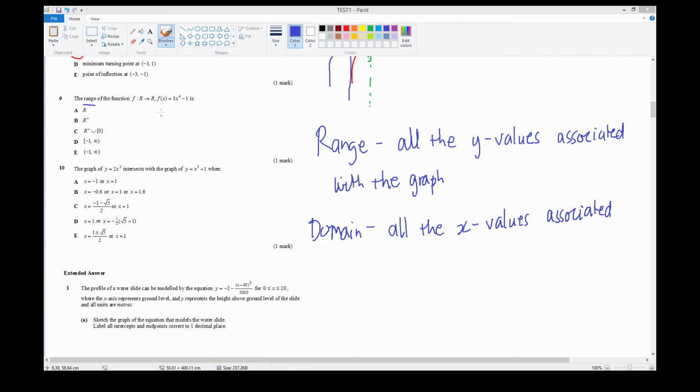So to find the range in this case, we can draw the function. This is basically a quartic.